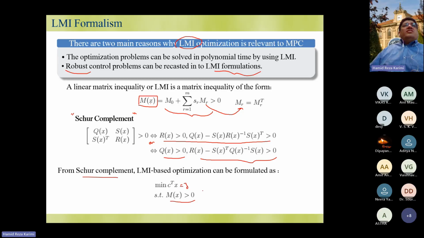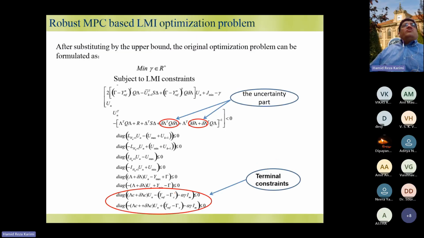So for this particular case, if you want to do robust MPC based on LMI optimization, you need to minimize gamma for H infinity control, subject to some LMI constraints. Here the LMI constraint we introduce from the MPC, because this is the cost function for MPC, and also these are some other constraints we have for MPC. So here we have some sort of uncertainty also included in the MPC formulation.